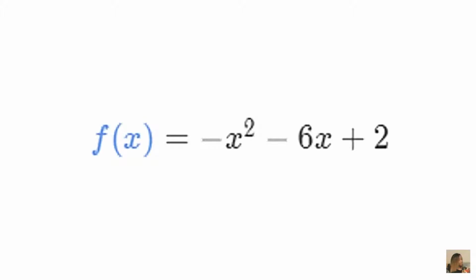Now, we have to do what's called completing the square to get f of x into vertex form in order to determine where its maximum, the relative maximum that is, occurs.